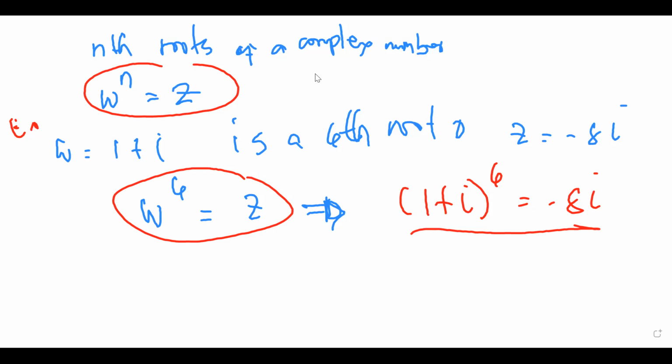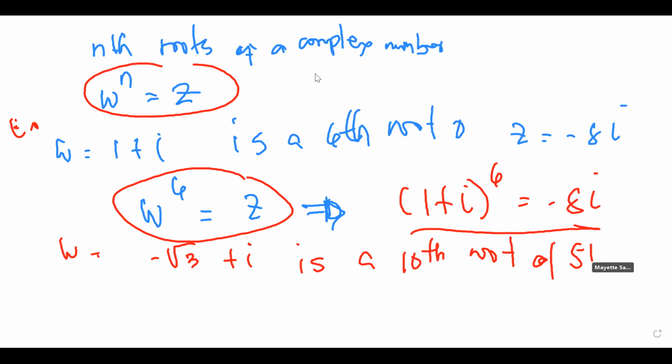Or we can also say w = -√3 + i is a 10th root of 512 + 512i√3.